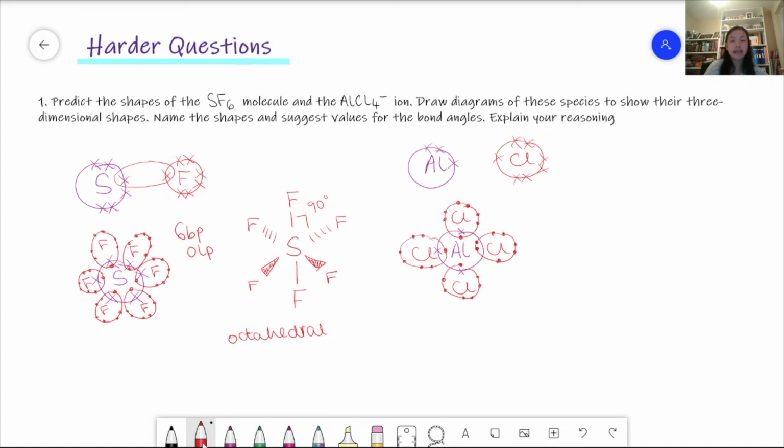But it's an AlCl4- ion, which means that there is an extra electron here. So this has formed a dative covalent bond where both of the electrons have come from the chlorine and none from the aluminium, and this whole thing is a minus ion. And so when we look at the shape of it, it looks something like this.